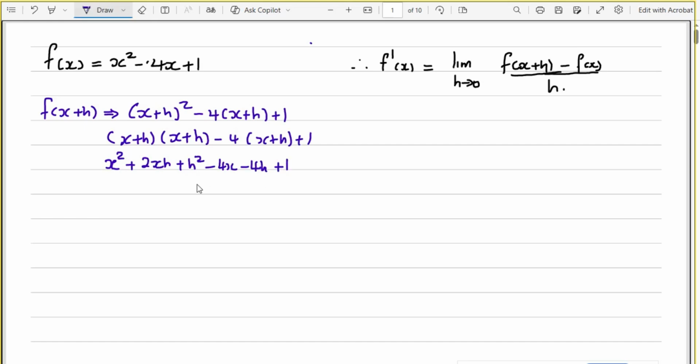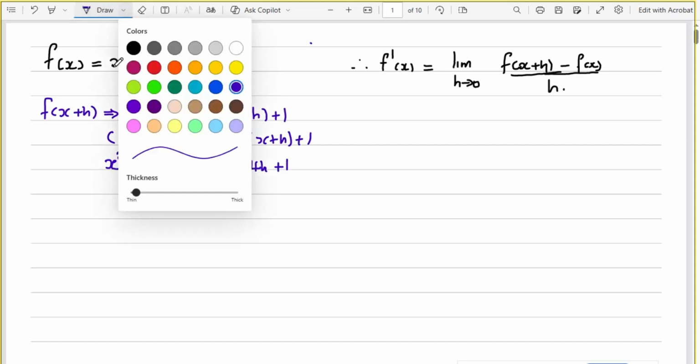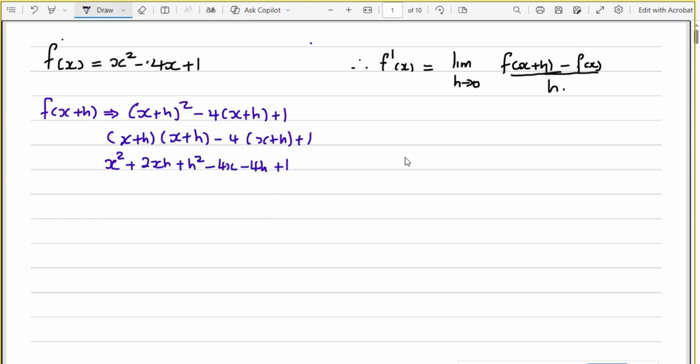Are you with me on that? Yes, sir. Can I take this and substitute it in that limit? Yes. Okay, let's quickly do that. We know that the limit as h approaches 0 of f(x plus h), I'm going to sub in this, which is x squared plus 2xh plus h squared and then the rest of that part there.